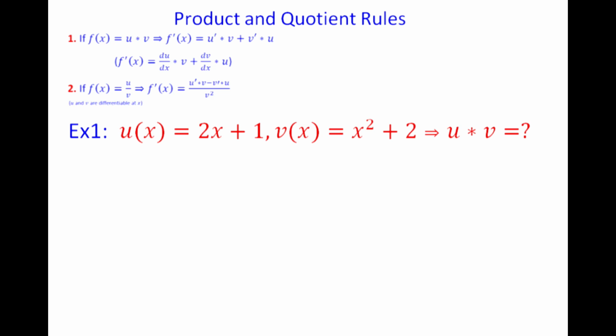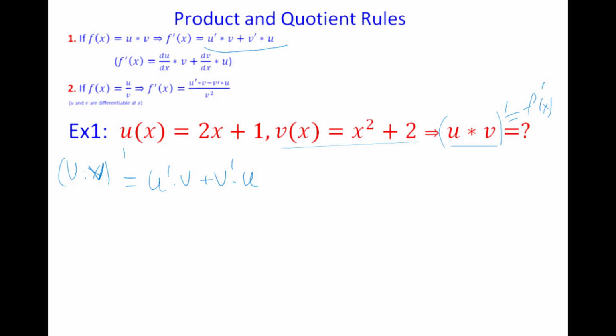We have u of x as 2x plus 1 and v of x as x squared plus 2. And then in this case, what is the derivative of u times v, let's say. So the derivative of u times v, let's call this f prime, guys, okay? Or it doesn't matter, we can just write u times v derivative is equal to, guys, the formula is also here, so it's going to be u prime times v plus v prime times u.